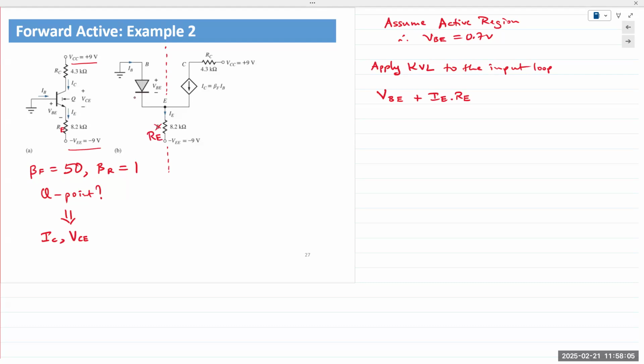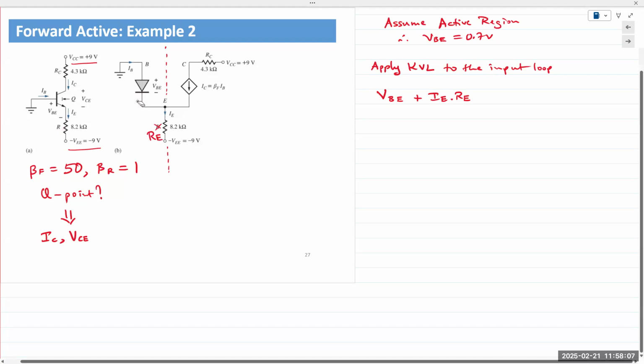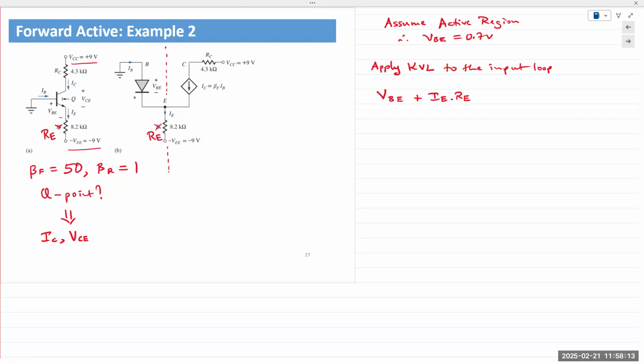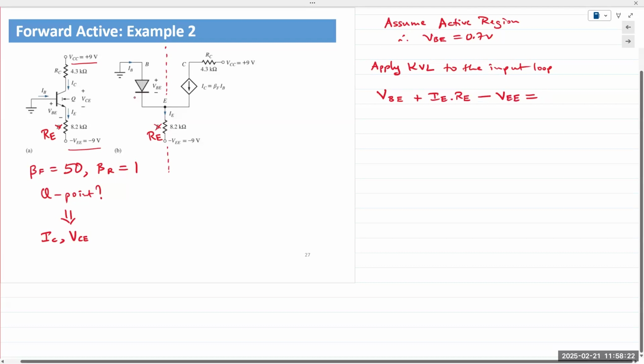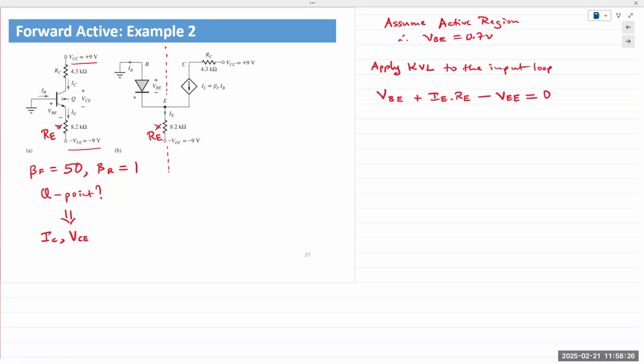Makes things easier to remember. So that's the voltage drop across the RE resistor, and then I have minus VEE. Be careful when applying KVL to negative voltages, okay? If you take a minus sign in the equation, you don't need to put a minus sign again.